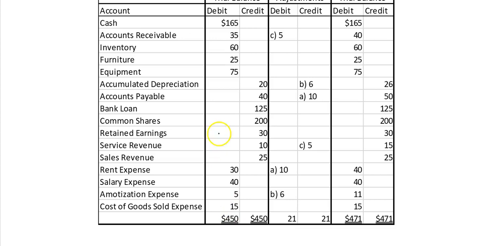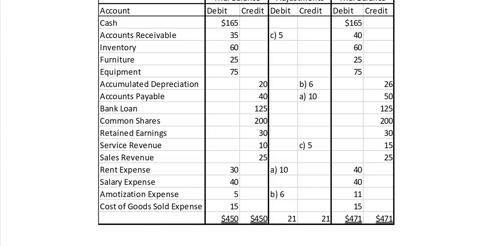We have totals, so we're verifying debits equal credits, 450 and 450, just like last time. Our adjustments add up to 21 and 21. And our adjusted trial balance ends up adding up to 471 and 471. That confirms that we probably did everything correctly as we added across.